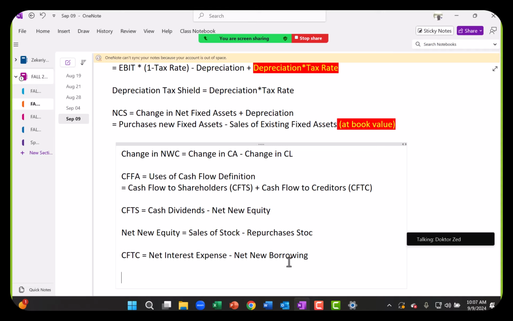Remember, cash flow from assets, cash flow to creditors, cash flow to shareholders, they could be of any sign. So if you make a calculation and find that cash flow to shareholders is negative, do not assume that it's the wrong number. It could be wrong, but that's not the reason. Under certain circumstances, it could be.